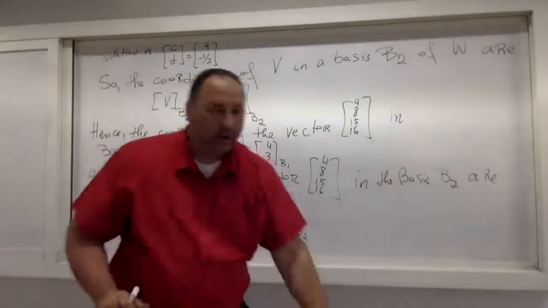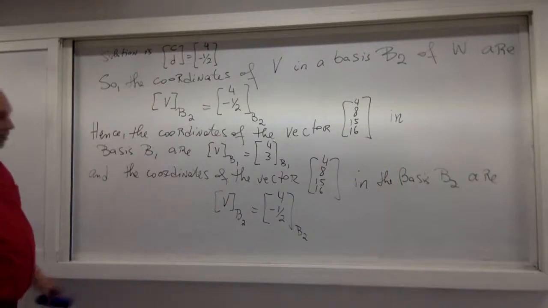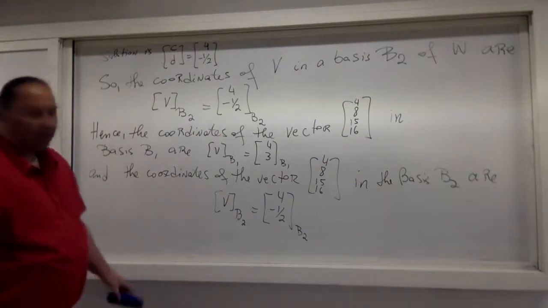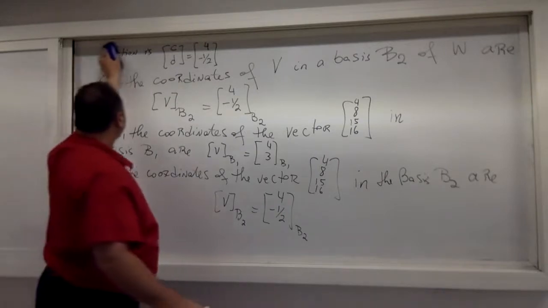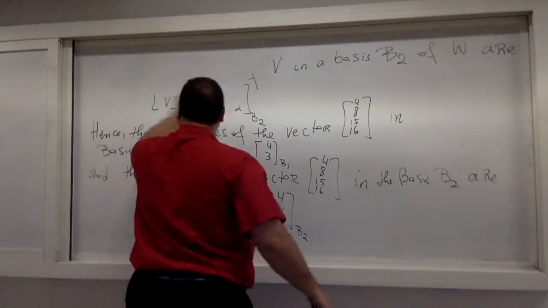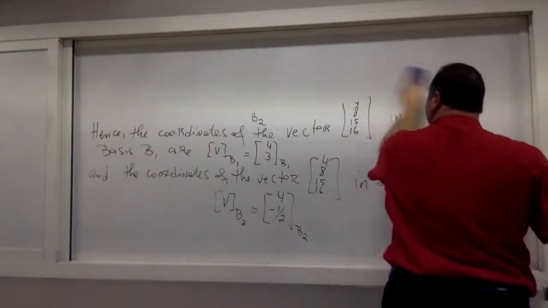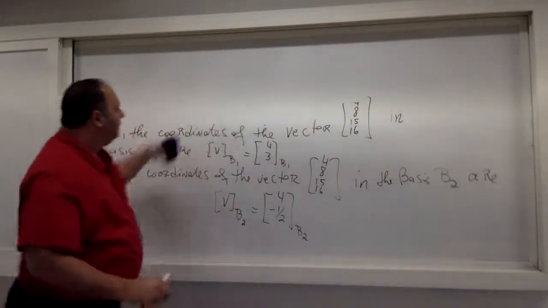If I give you the zero vector from R4, what are the coordinates of the zero vector from R4 in our basis B1? Just for fun. So let's see that. I think many people will be happy to know that this can be solved easily.